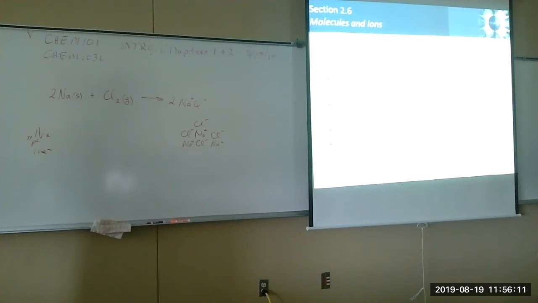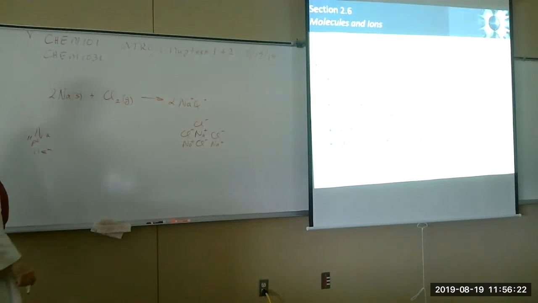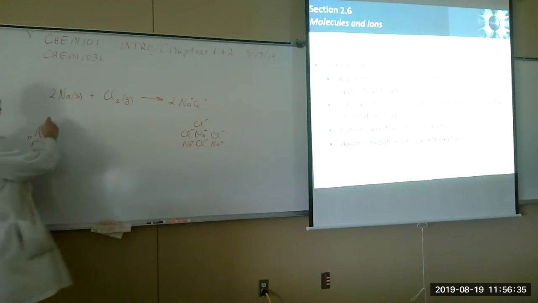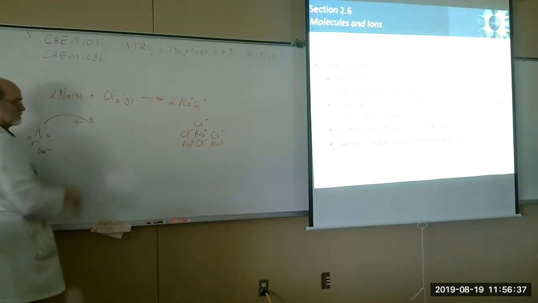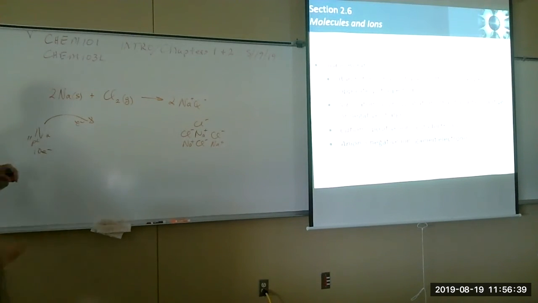How do you make an ion out of a neutral atom? Can't change the protons. If you change the protons, you got a different element. Right? So you have to change the electrons. Either add or subtract electrons. So in this case, we subtract an electron. Right? We've lost an electron. So now the net charge is positive 1 because we transferred an electron somewhere else. Okay? So where did it go?